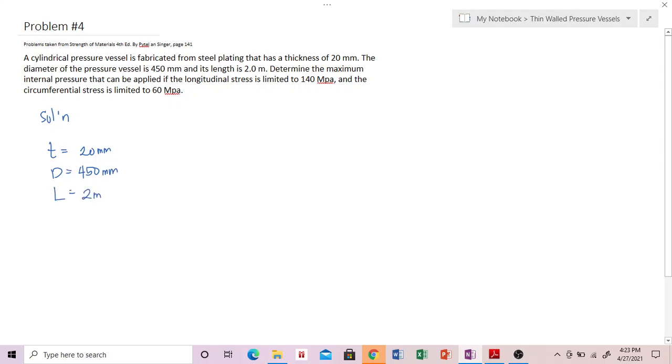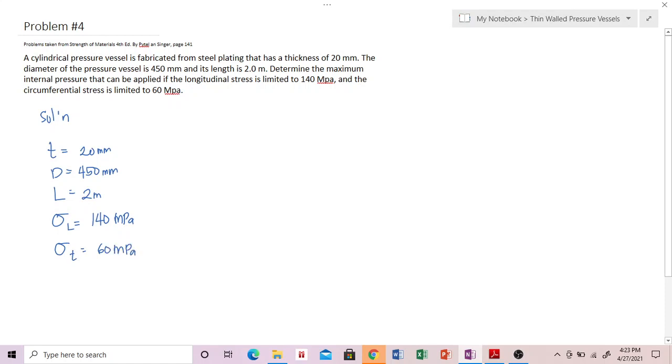Determine the maximum internal pressure that can be applied if the longitudinal stress is limited to 140 megapascal, and then the circumferential stress is limited to, or the tangential stress is limited to 60 MPa.